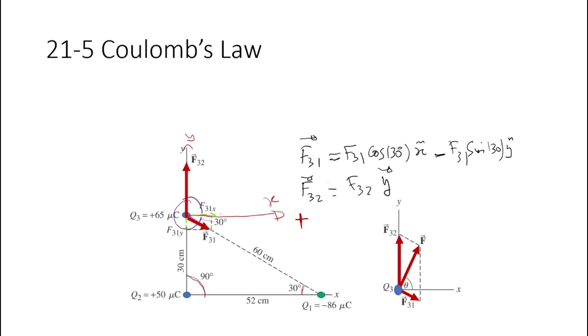All we need to do is add these vectors. Remember to add y with y and x with x. This is why you see this force F. It has a coordinate on the x and y axes. F net, we can write it like that, or just call it F, which is the total force applied on the charge 3. It will be F31 plus F32.